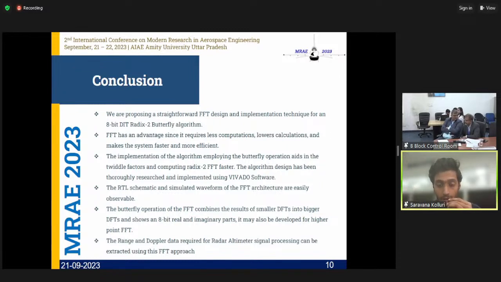With the help of the twiddle factor, it also divides even and odd differently, so it can be done easily. I have used Vivado software for this RTL implementation, the Verilog implementation, and I have done the butterfly operation and everything also.